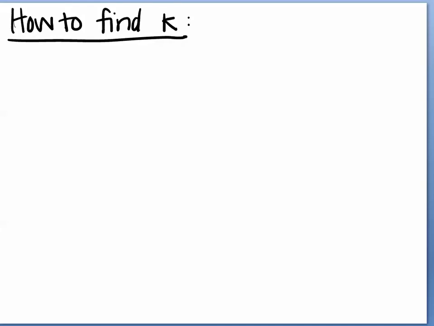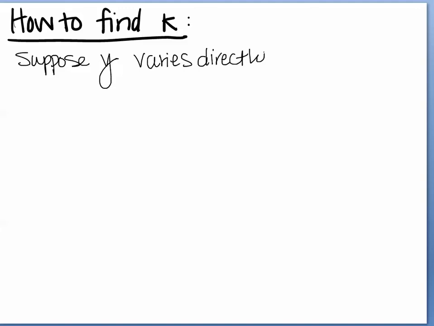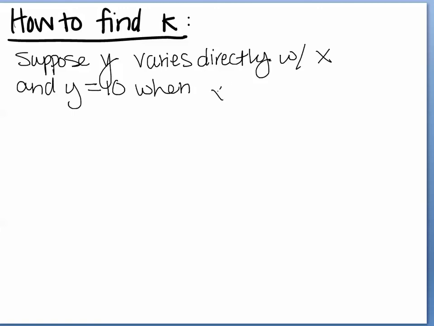So let's say that they gave you a problem that says this. Suppose y varies directly with x. So they're telling you that this relationship exists. And then they give you some more information. They say, and y equals 10 when x equals negative 2.